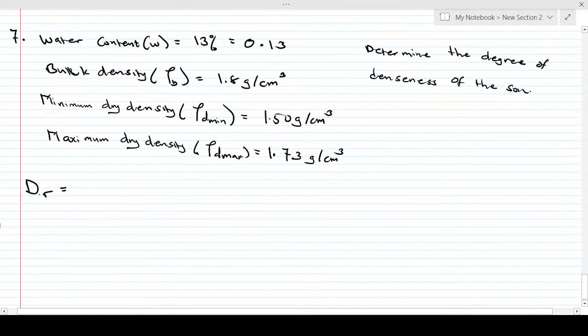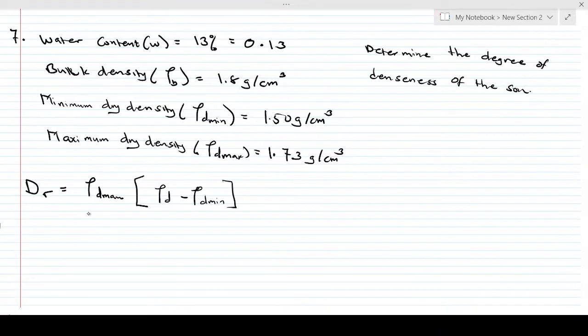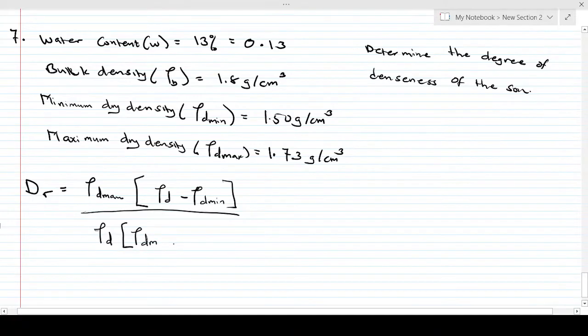So the degree of denseness represented as Dr is given as the maximum dry density multiplied by the dry density minus the minimum dry density, all this divided by the dry density multiplied by the maximum dry density minus the minimum dry density, expressed as a percentage. So this is the formula we're going to use.